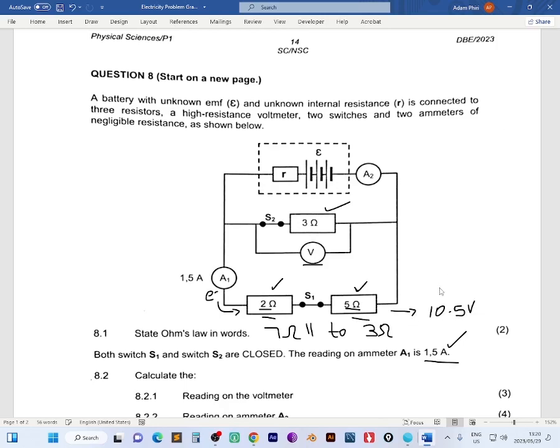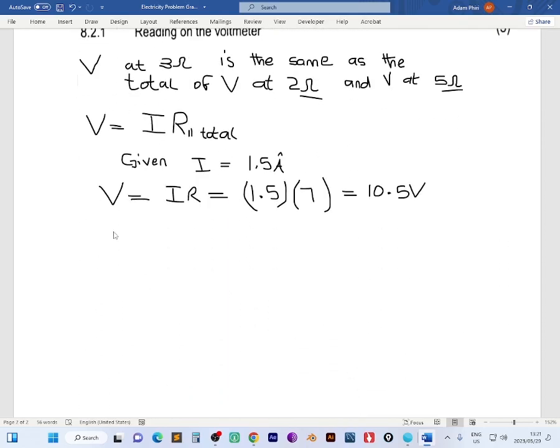So the potential difference is 10.5 volts, which is across the 3 ohm resistor in parallel. Remember, the voltmeter is on the 3 ohm resistor, so you need to know the potential difference there, because we already know the resistance.